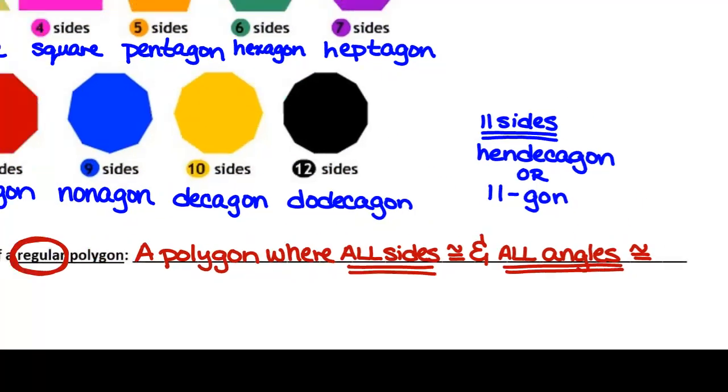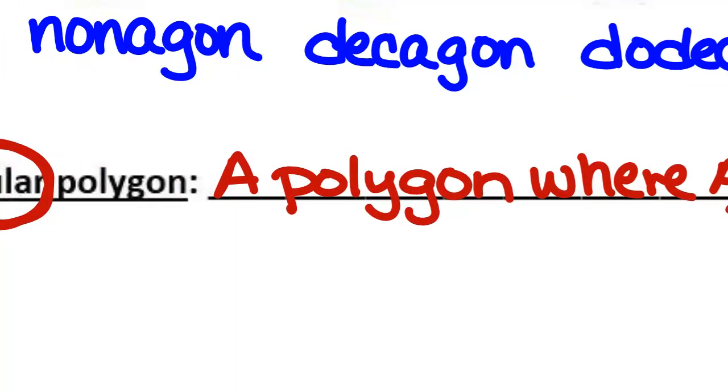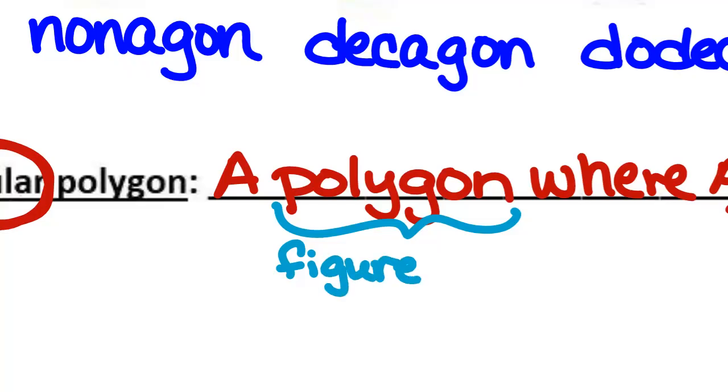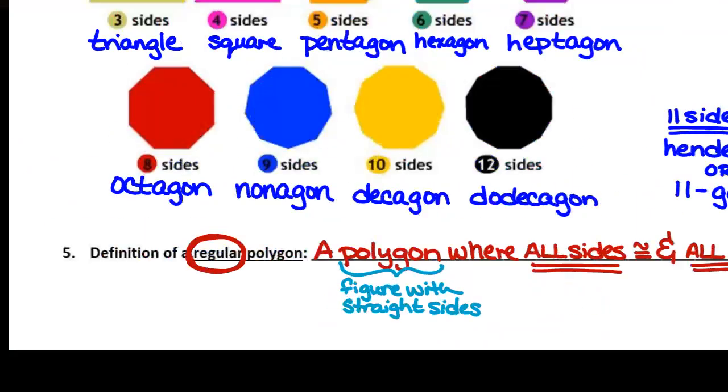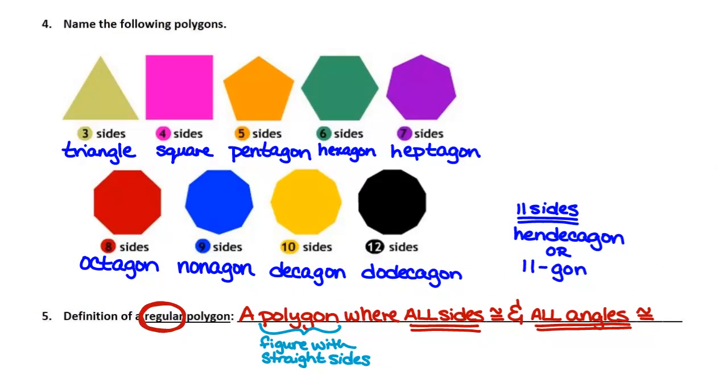And when I say polygon, I mean a figure with straight sides. This has to be a closed figure, like a rectangle or a trapezoid or a triangle or a square or a hexagon. It has to be a closed figure, but it can't have any curves to it. So a heart would not be a polygon. A circle would not be a polygon, but a square would be because it's formed with straight sides. All right? So far, so good?